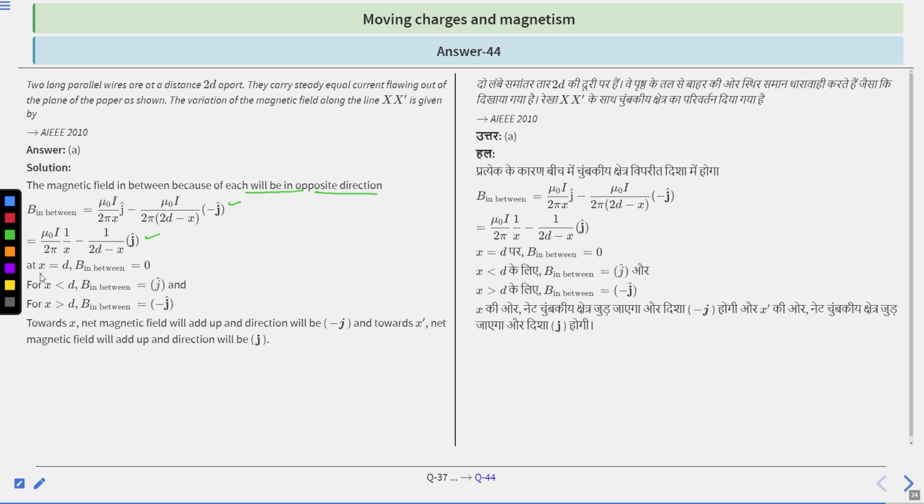At x equal to d, B in between equals 0. For x less than d, B in between is along plus j cap, and for x greater than d, B in between is along minus j cap. Towards x, the net magnetic field will add up and direction will be minus j. Towards x prime, the net magnetic field will add up and direction will be j.